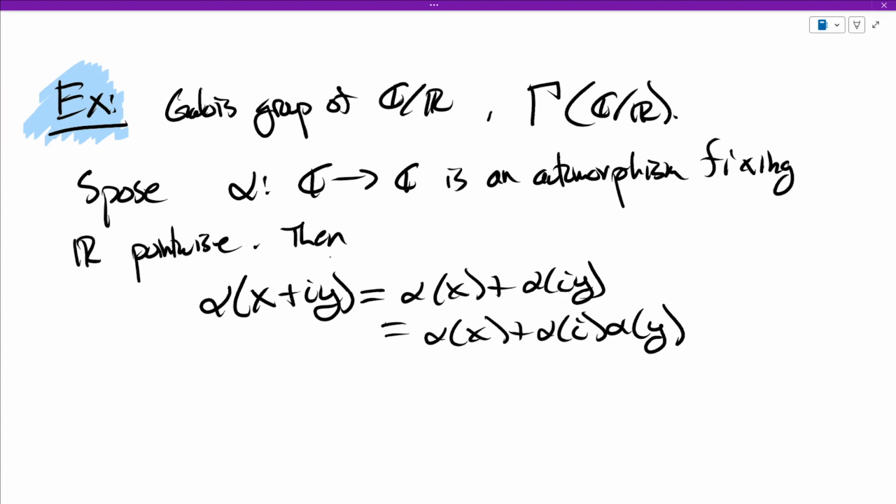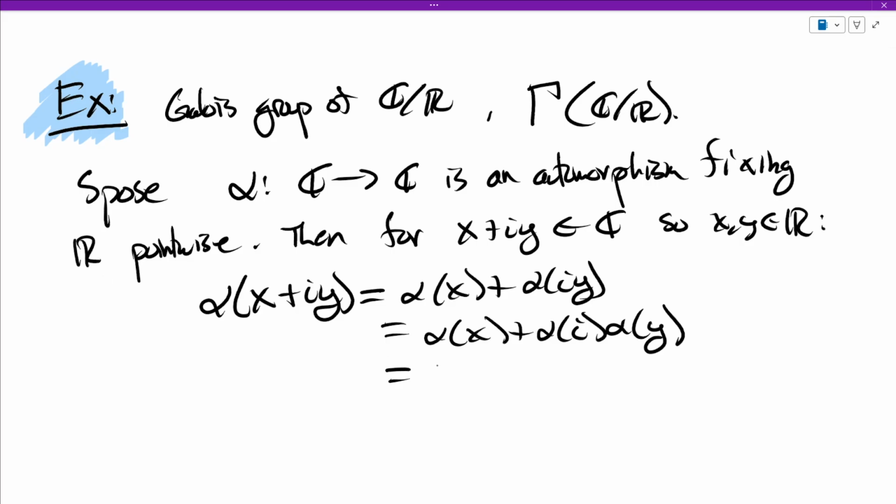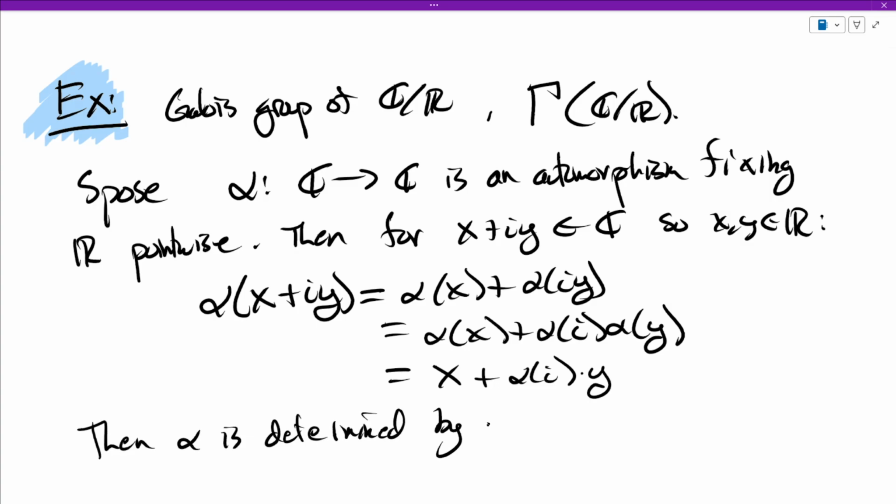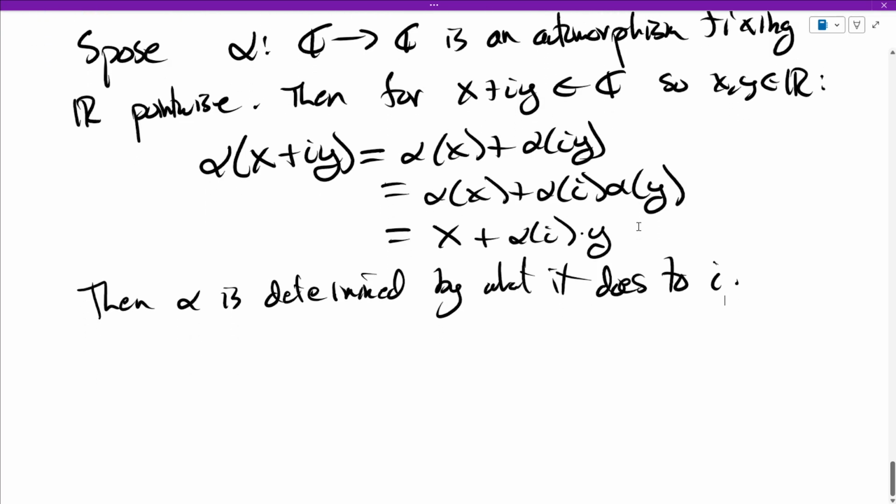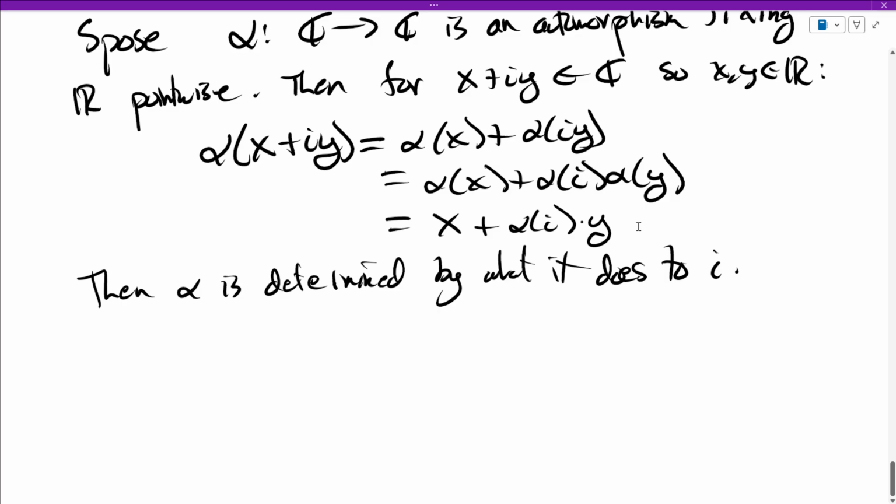But x and y are real numbers. So if alpha fixes all real numbers, then alpha of x is x, and alpha of y is y. So what this is saying is alpha is determined by what it does to i.